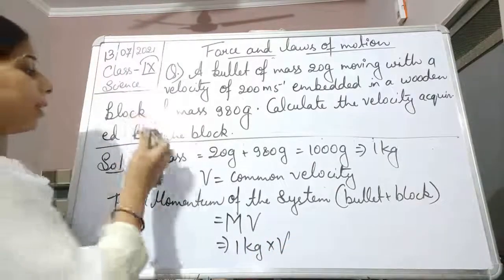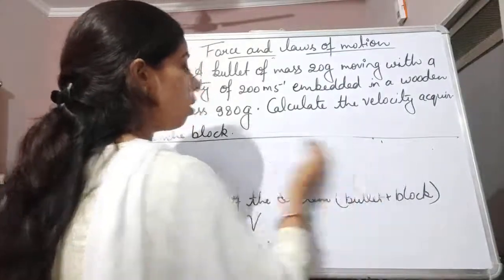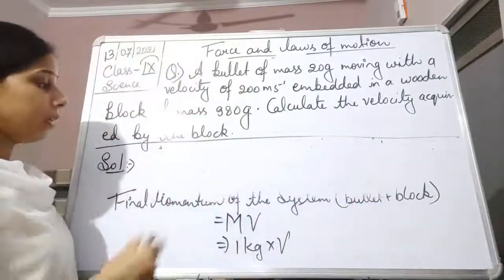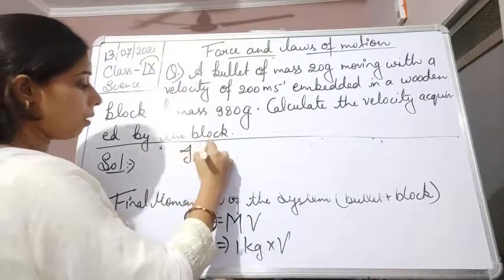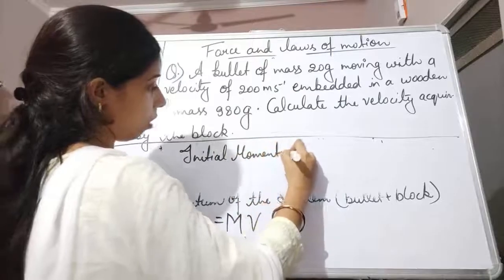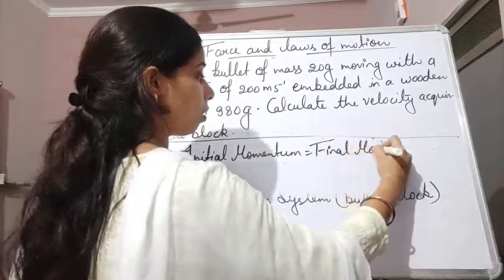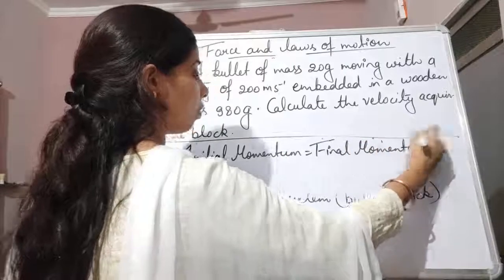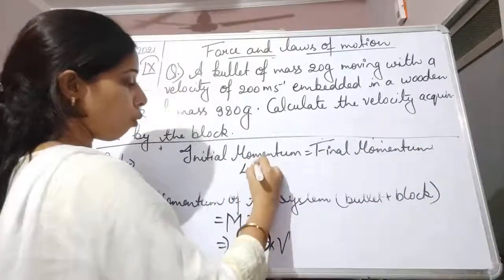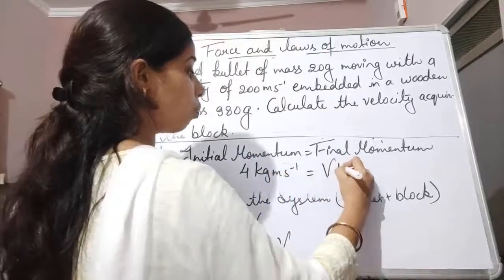Now we know that initial momentum is equal to final momentum. The initial momentum was 4 kg meter per second and the final momentum is V kg.